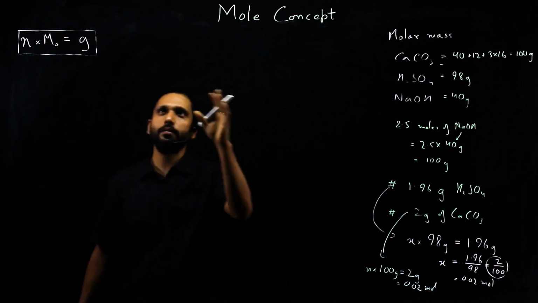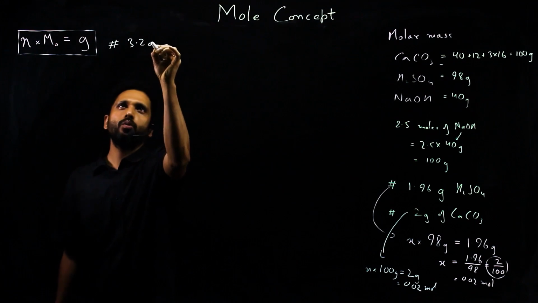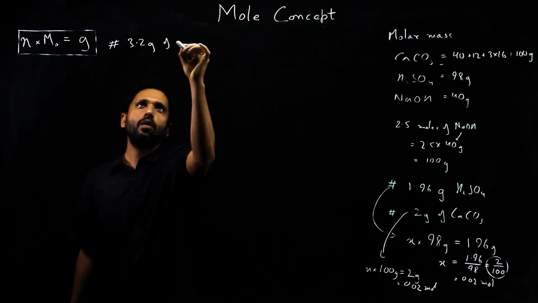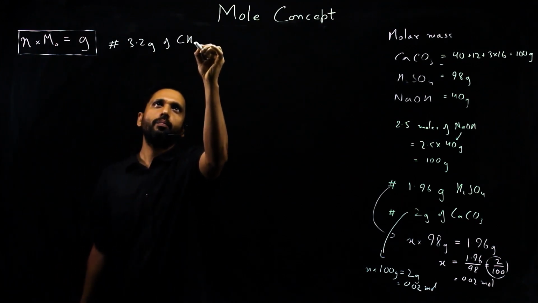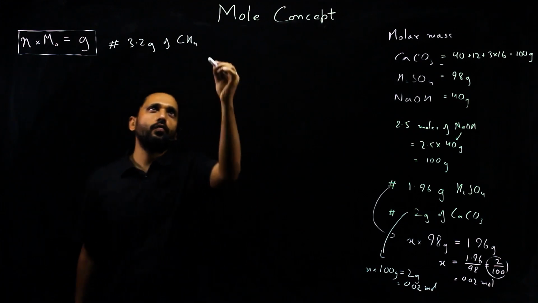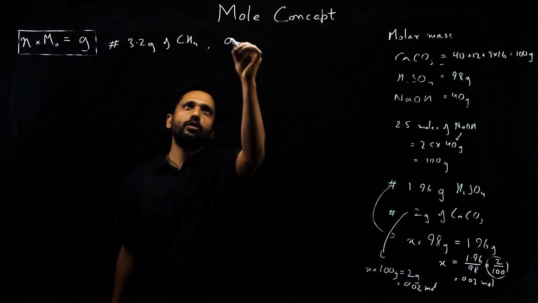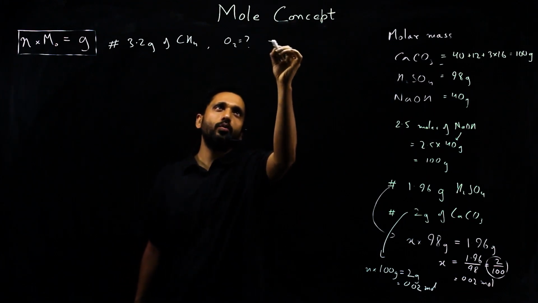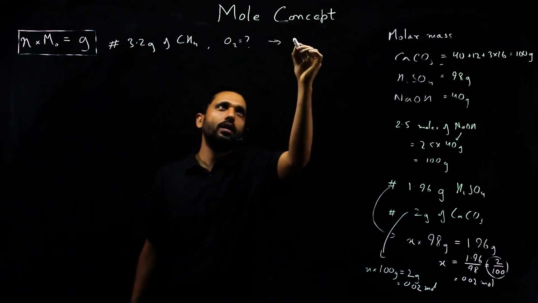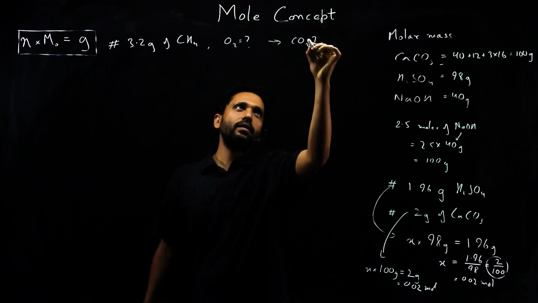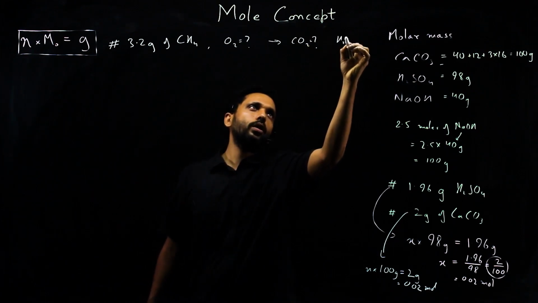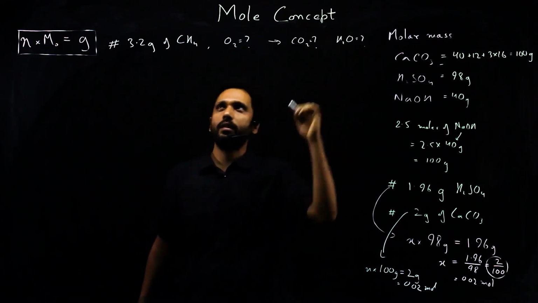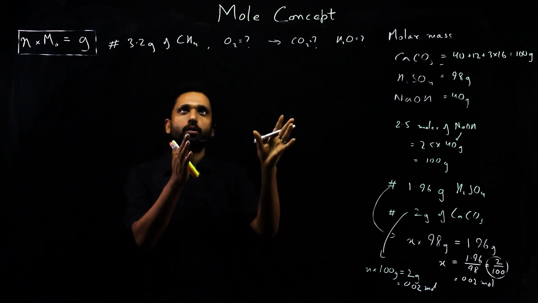So note down a question. 3.2 grams of methane will react with how much oxygen, and will produce how much carbon dioxide and how much water? So let's do this. This is actual chemistry happening.